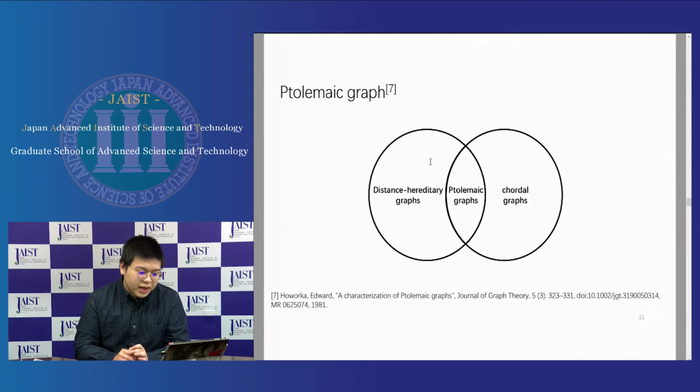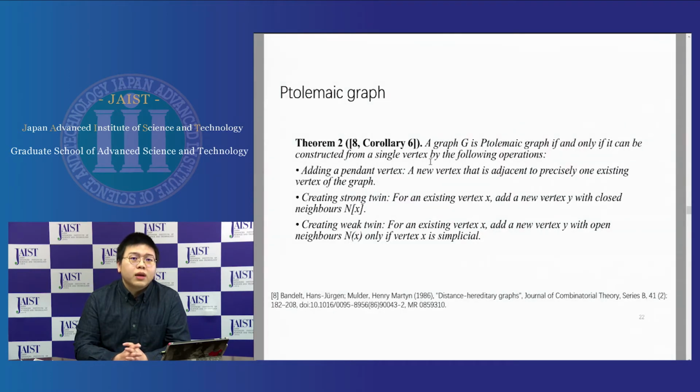Based on that, we can consider that the Ptolemaic graphs may have similar generation rules to distance hereditary graphs: graph G is a Ptolemaic graph if and only if it can be constructed from a single vertex by the following 3 operations.